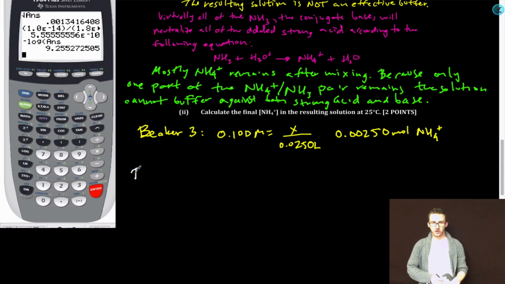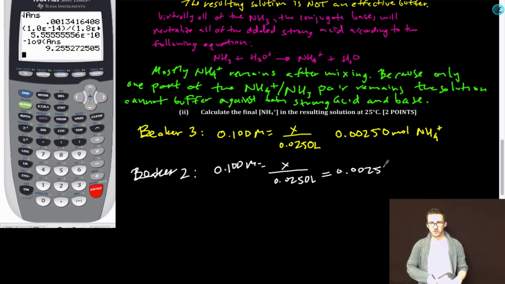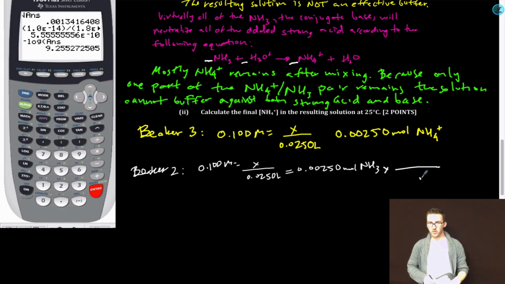So beaker 2, 0.100 molar equals X over 0.0250 liters, equals 0.00250 moles of NH3. But think of this equation: for every 1 mole of NH3, we're going to make 1 mole of NH4 plus for every mole of hydronium ion or mole of strong acid that we add. So I'm going to go mole NH3, mole ammonium.